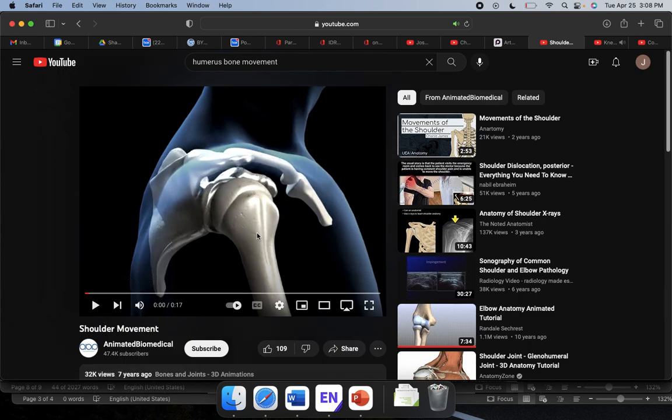Movements that occur in the sagittal plane are considered anterior and posterior movements. Movements in the frontal plane are considered superior and inferior movements. As we watch this shoulder move and apply the roll rule, I'm going to use the terms anterior and posterior.